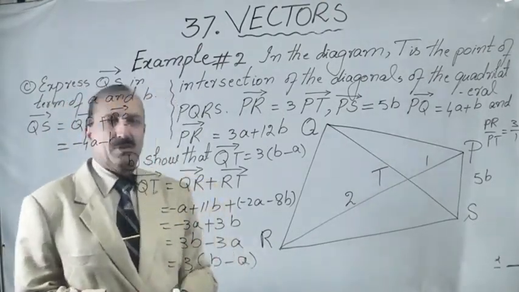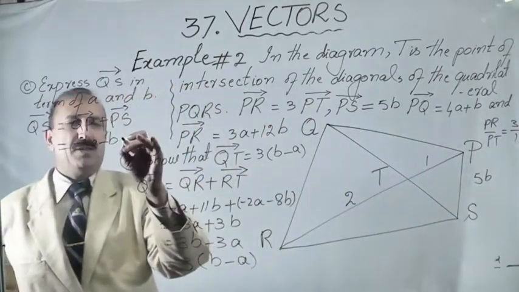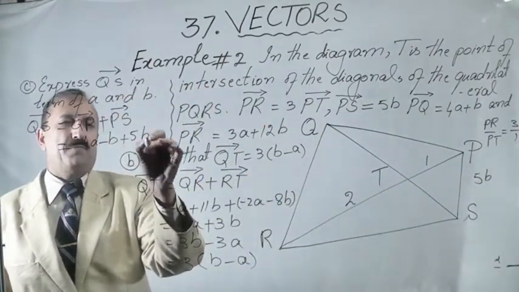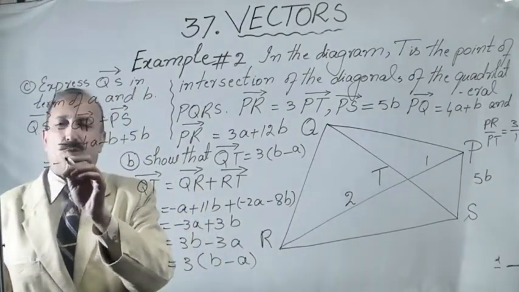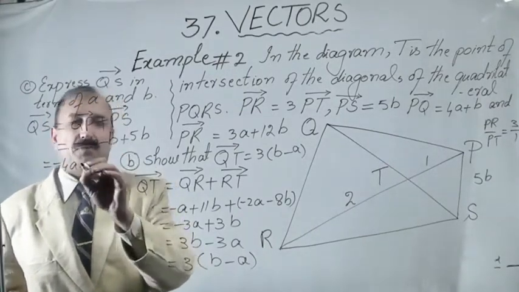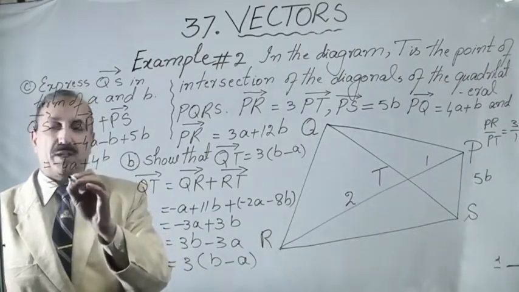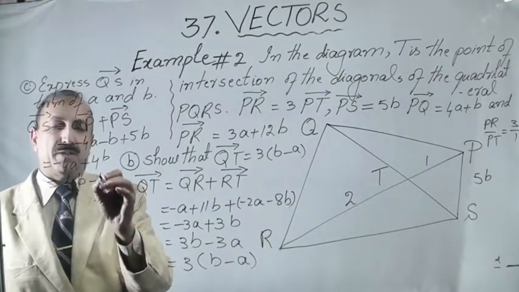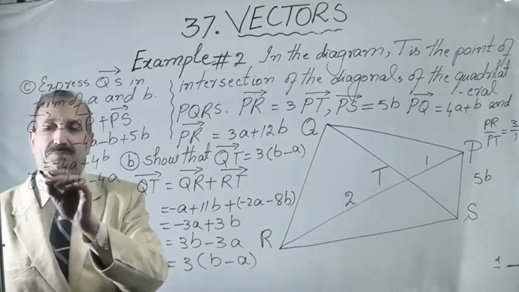And then we need to write the value of PS, and PS is equal to 5b. Let's simplify this. Minus 4a will be as it is. Minus 1 subtracted from 5 will be plus 4b. We can write 4b minus 4a as the value of QS vector.